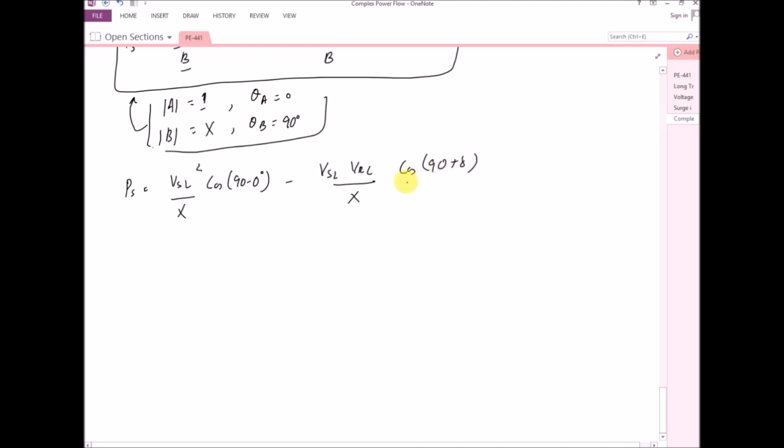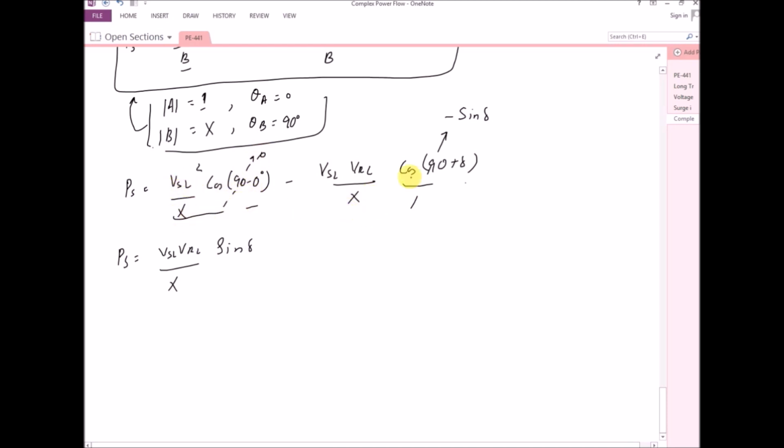In this part of the equation, cos(90 plus sigma) will become minus sine sigma, right? Cos 90 is equal to 0, so the whole first term will become equal to 0.